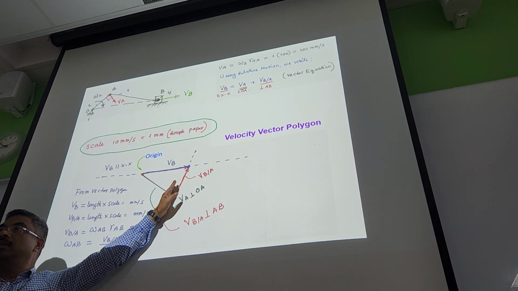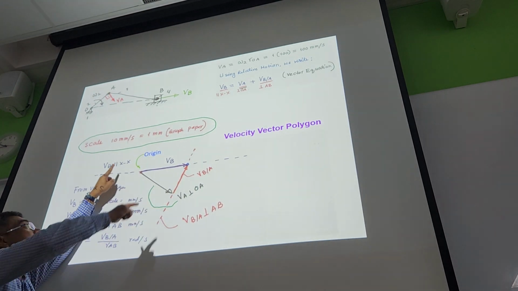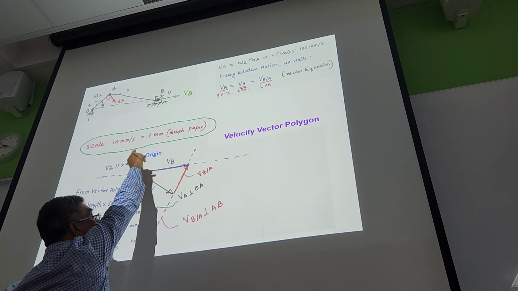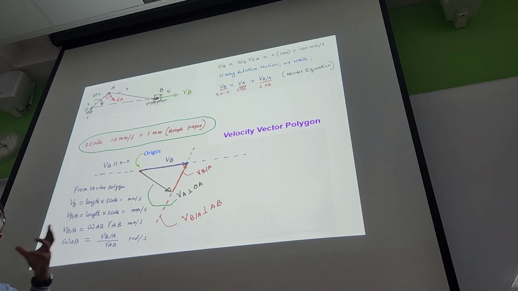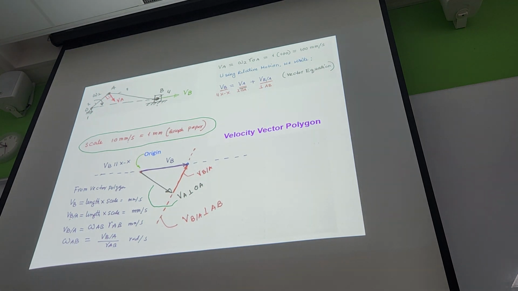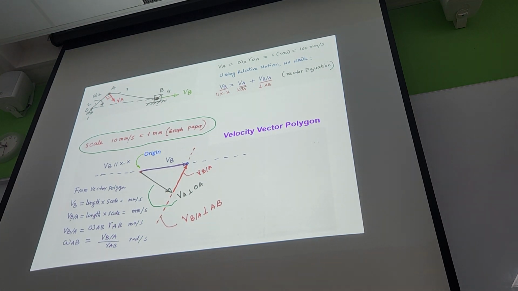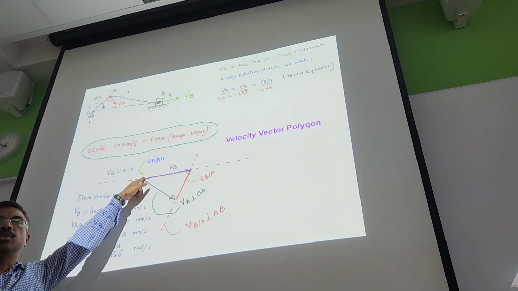Clear to everyone? So always take that starting point in the middle of the paper. If all the paper is empty, you put that starting point in the middle. Then it will be easier for you to navigate. Otherwise, you have to redraw it and waste your time. So now we assume that is our starting point, and that's the origin.